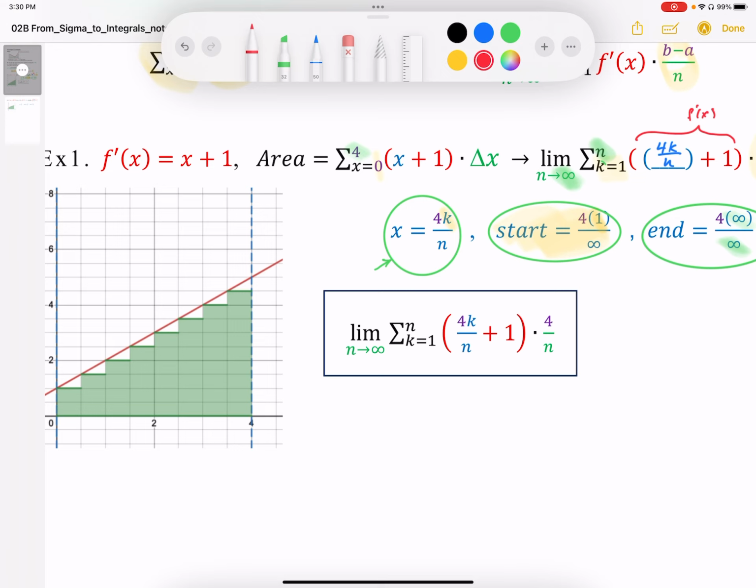We could also use the same expression by choosing different n values. We could have 4 intervals, we let n equal 4, or we could use n equals 20 rectangles, and then we just replace n with 20 in our expression.